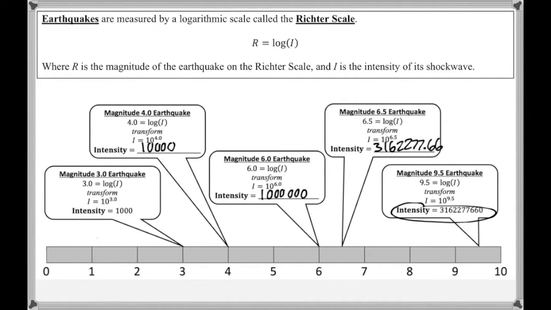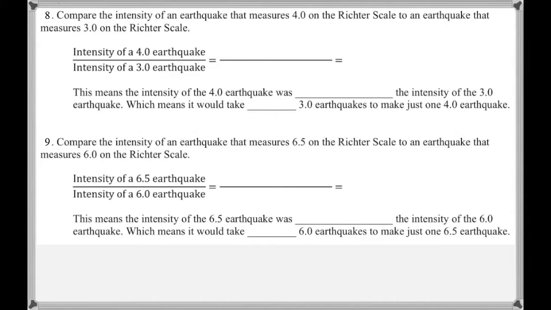So 10,000 divided by 1,000 is going to give you 10. What that means is the intensity of the 4.0 earthquake was 10 times the intensity of the 3.0 earthquake. So it would take ten 3.0 earthquakes to make just one 4.0 earthquake.